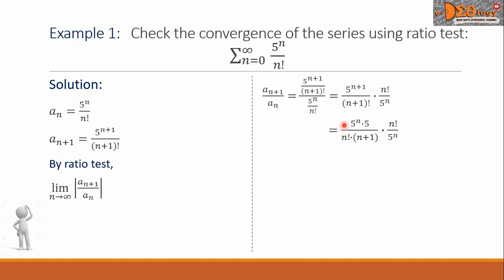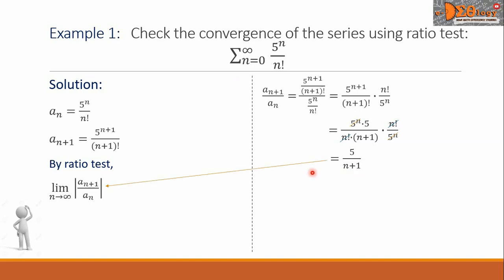We can see that we can cancel some terms. First, the 5 raised to n, we cancel here and here. Also, we cancel both n factorials. Simplifying the product, we now have 5 all over the quantity n plus 1.